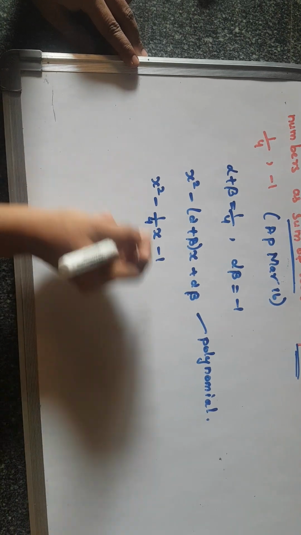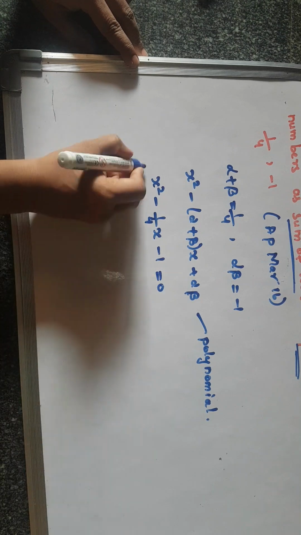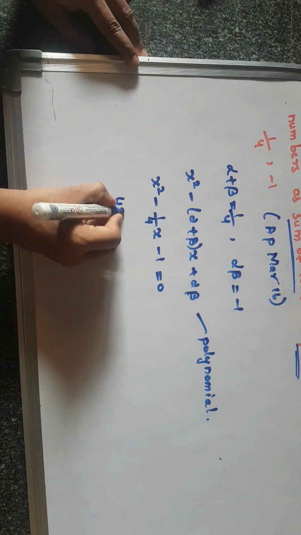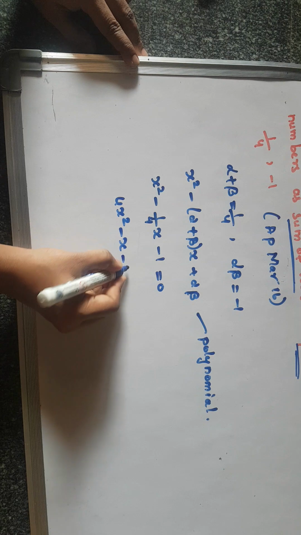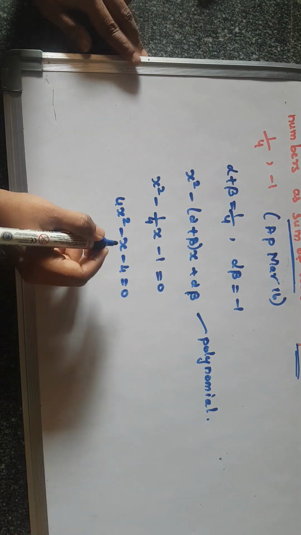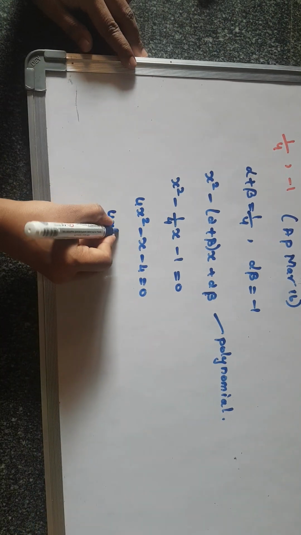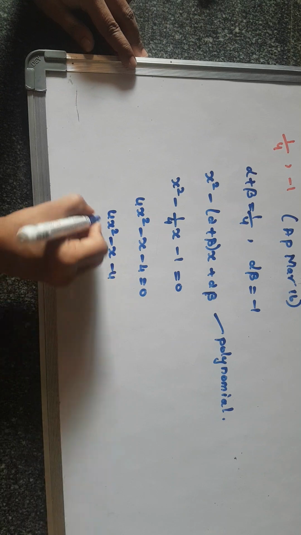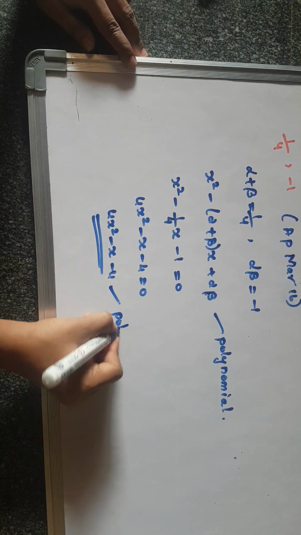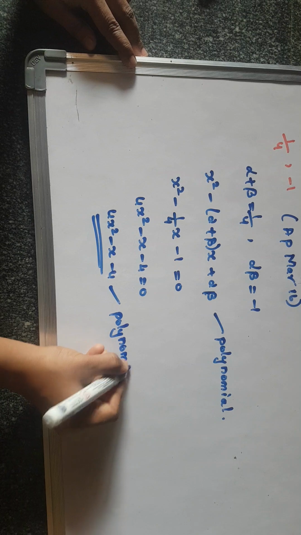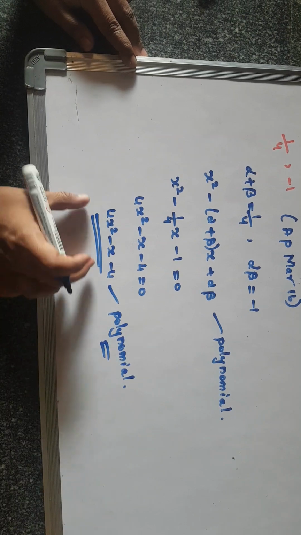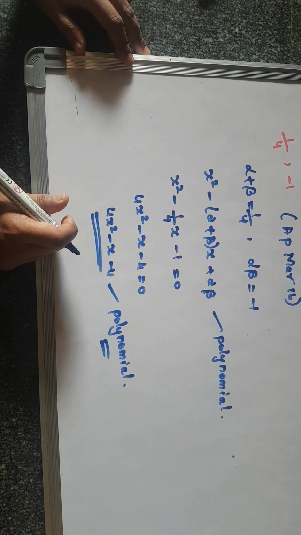Now equate this to 0 and take the LCM: 4x square minus x minus 4 equals 0. This is the polynomial, 4x square minus x minus 4.